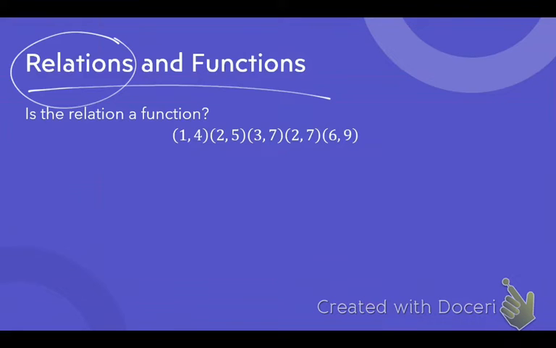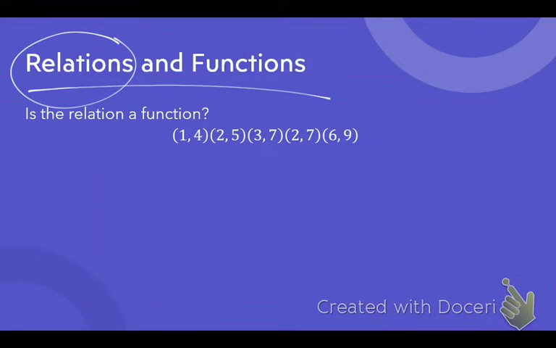Now, in order for it to be a function, it has to meet certain criteria. And here's the rule. Each input can only have one output value to match it. So the first thing I'm going to do is go across and look at my input values. So I want you guys to go ahead and copy down these 5 ordered pairs.